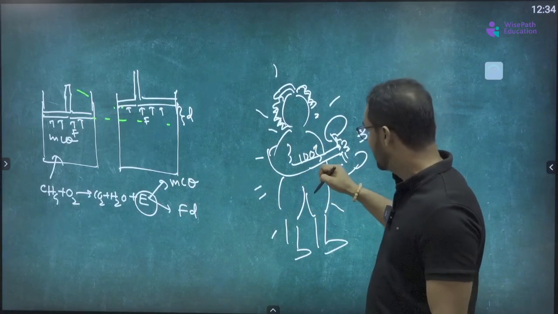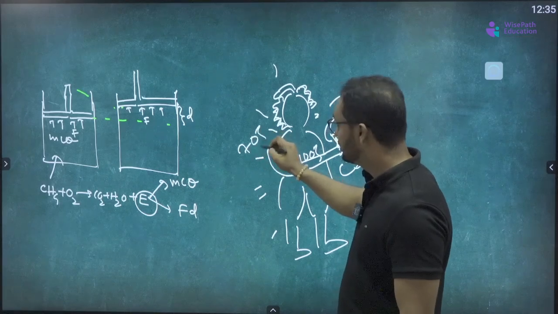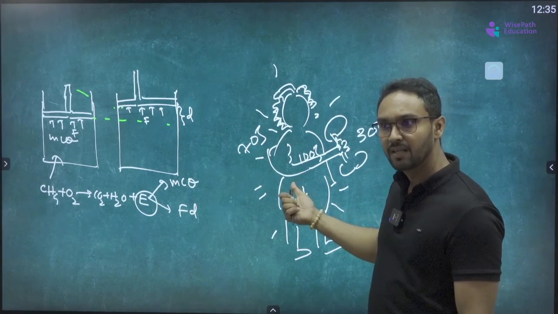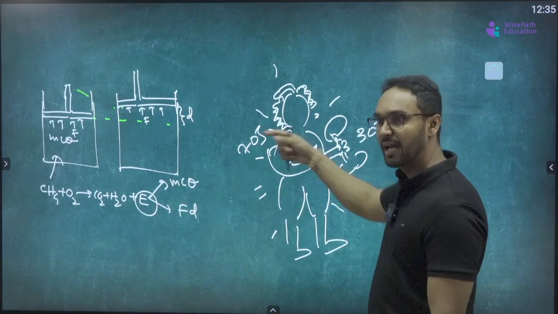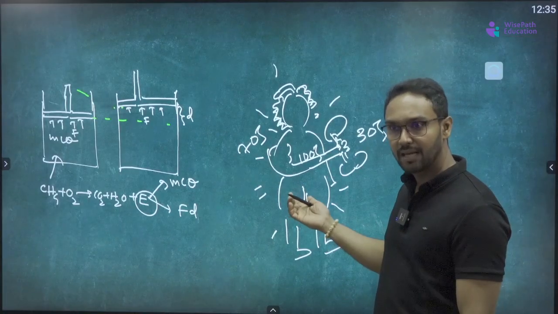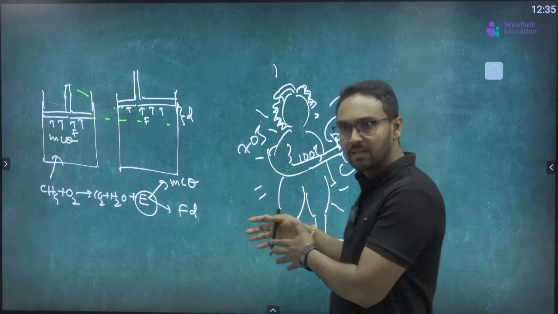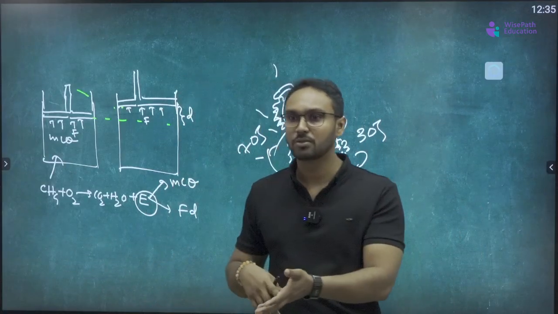Now this heat energy, let's say, was 70 joules. Now what happened to this internal energy? It was converted into the work done and the heat release. So the internal energy of the system was transferred to the environment in two ways. What are the two ways?